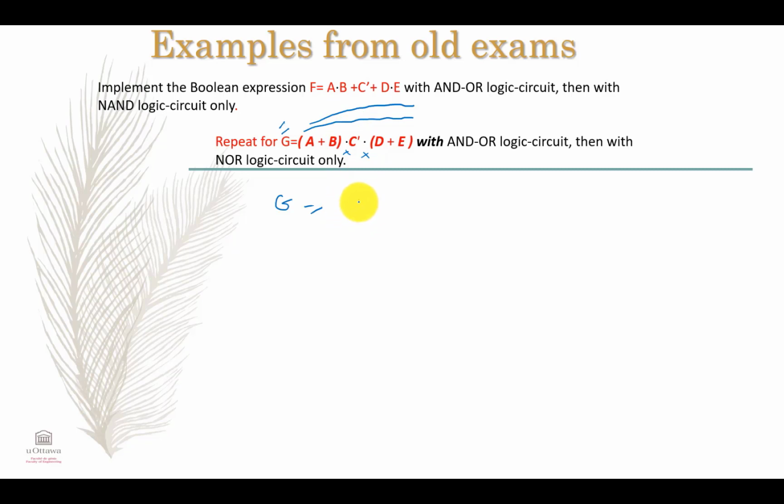So it will be A plus B complement plus C double prime plus D plus E, and the whole thing is complemented.